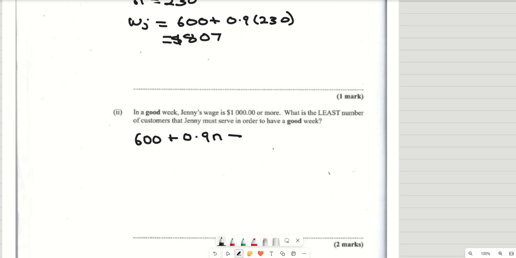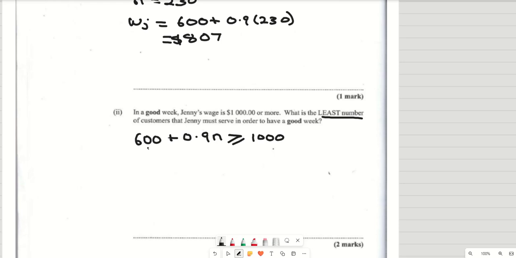This is greater than or equal to 1,000. They ask what is the least number of customers Jenny must serve. In this formula, n is the number of customers. Hence, we have to make n the subject.